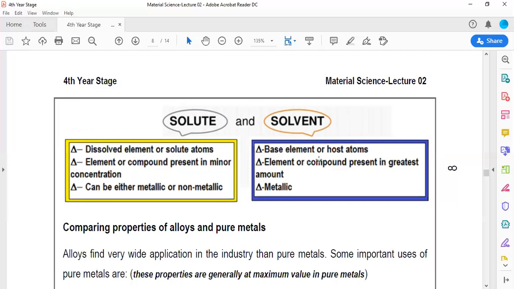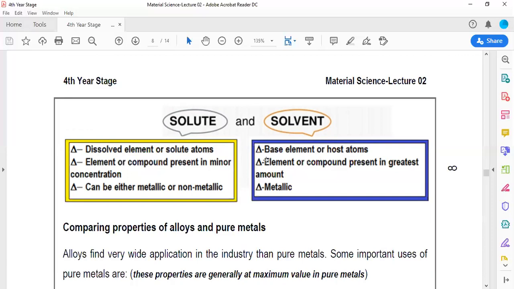And in this case, when we have two elements, one is major, the one which we call the base element, that's the solvent, and the other one with a little concentration or in a minor concentration is called the solute. Remember, both of them are solid because we're talking about solid solutions. Again, if you go to the box of solute, it says element or compound present in minor concentration.